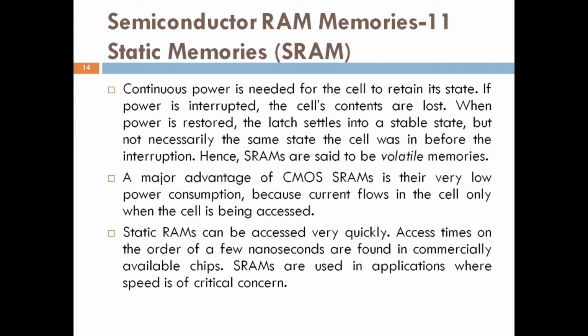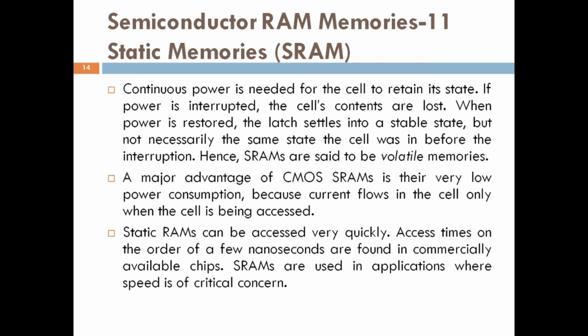Hence, SRAMs, that is static RAMs, are said to be volatile memories because their contents are lost when the power is interrupted. Whenever the power is gone, static RAMs are going to lose their contents. That's why they are known as volatile memories.